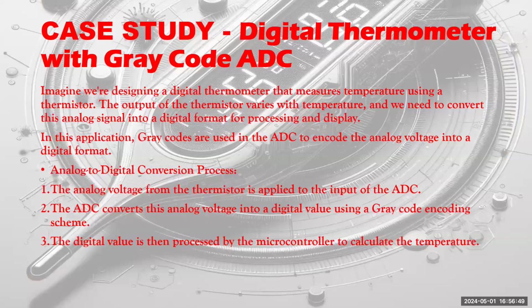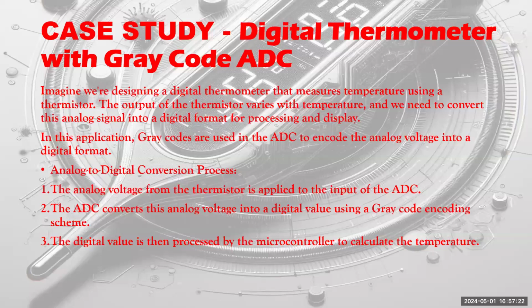Now, we have the analog to digital conversion process where exactly we have the gray codes playing a huge role. So, the analog voltage from the thermistor is applied as the input to the analog to digital converter. So this now converts this analog voltage into a digital value using gray codes, encoding by using the gray codes. So this digital value is then processed by the microcontroller as the last stage to calculate the temperature.